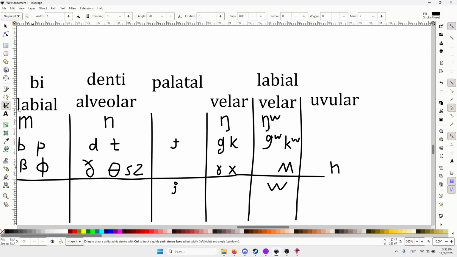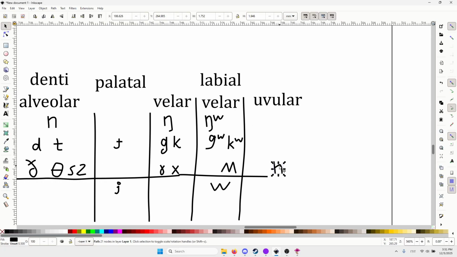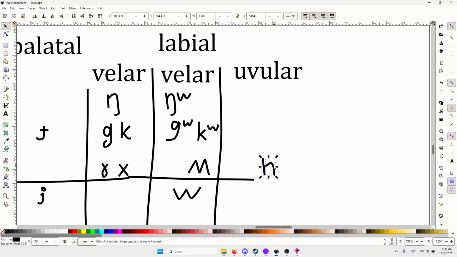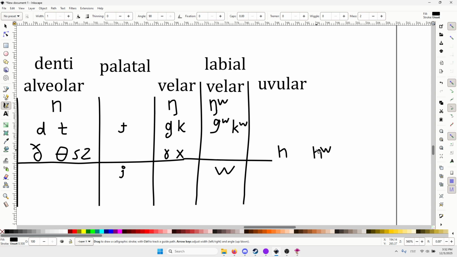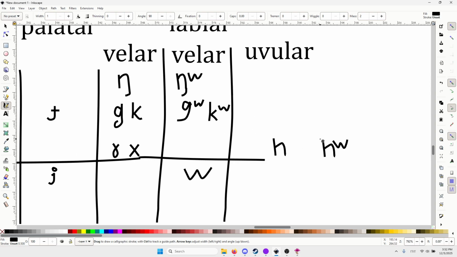So we have this. I would write this like this, and it's also a uvular, but just like a labialized uvular, like a H with rounded lips.